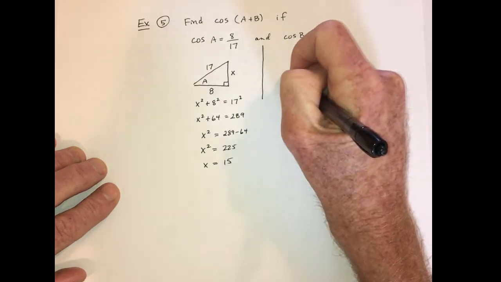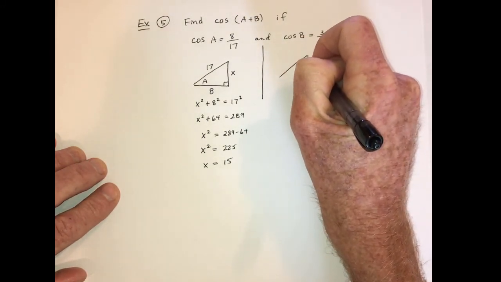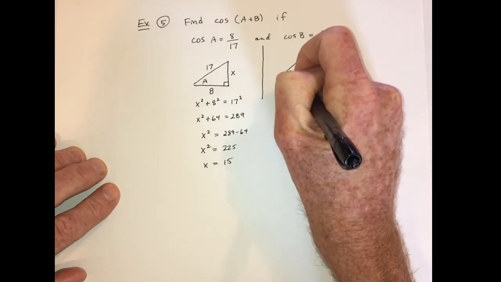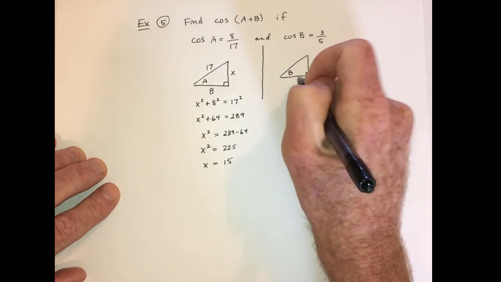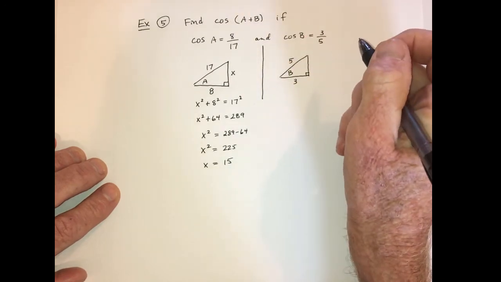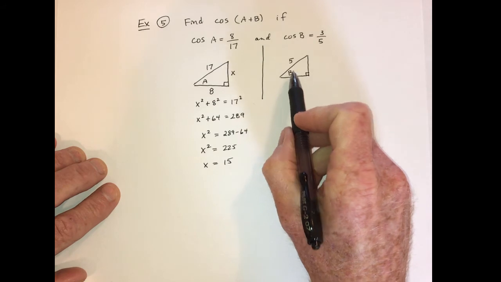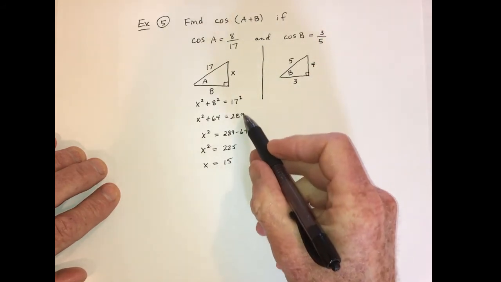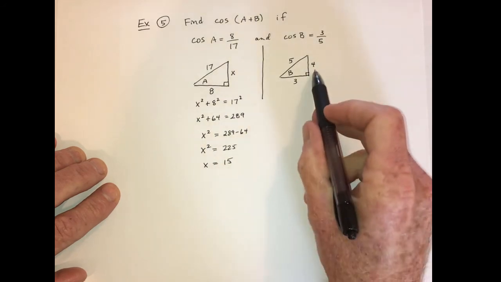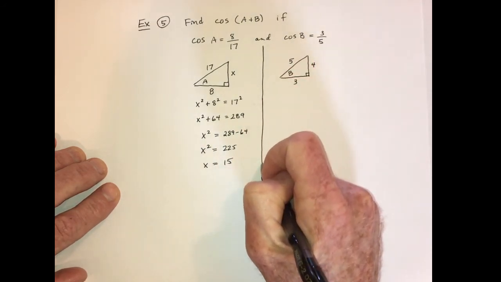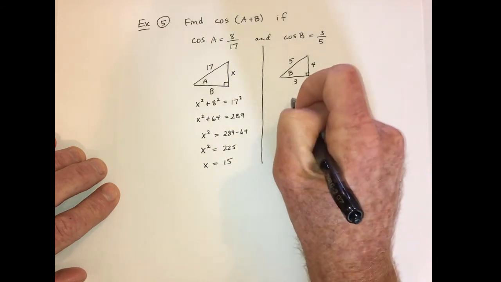And then do the same thing on this side. So there's another right triangle. This angle is B, and cosine is adjacent over hypotenuse. And then because this is a 3 and a 5, this must be a 4. Or if you do the same work as this, then you'll find out that this side is 4. Okay, so now we need to know, what does sine equal?